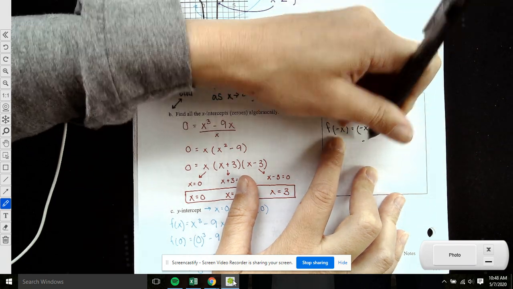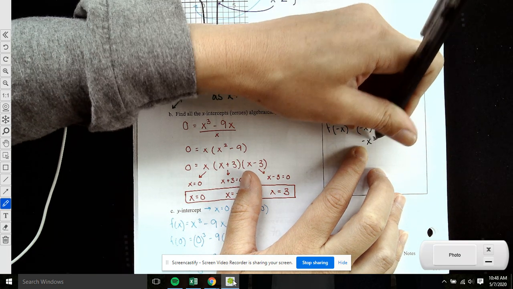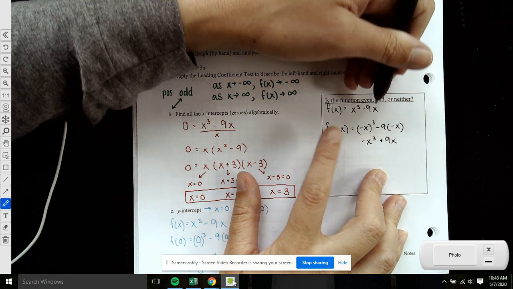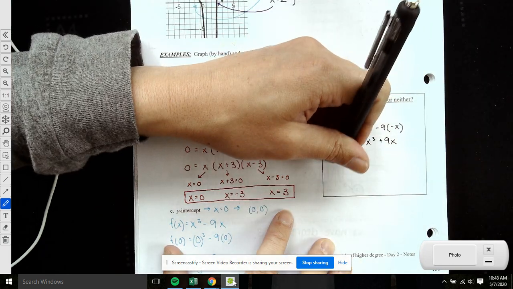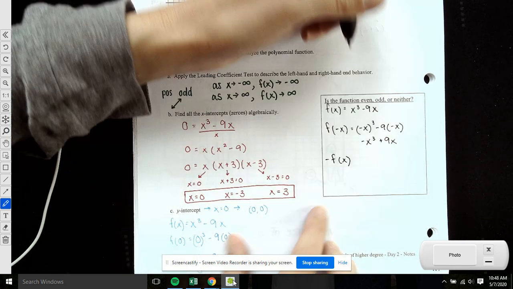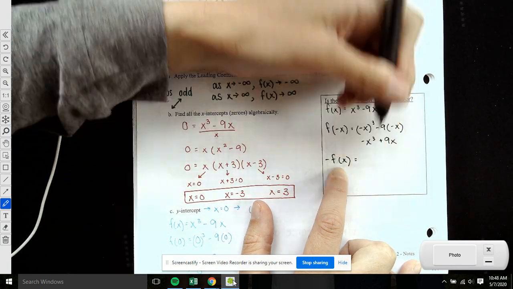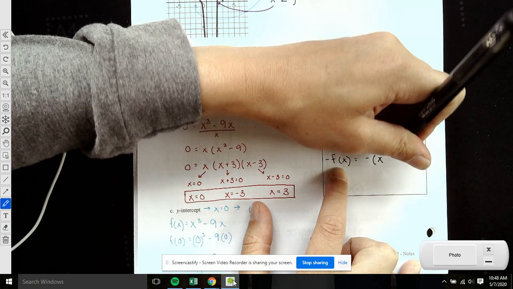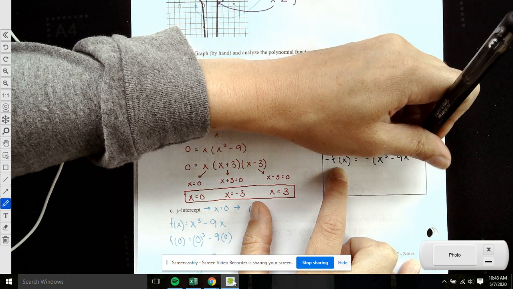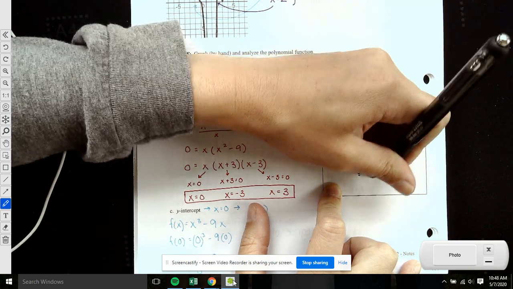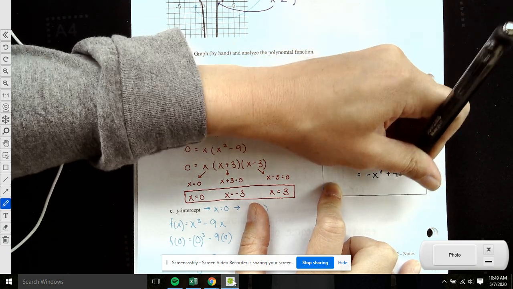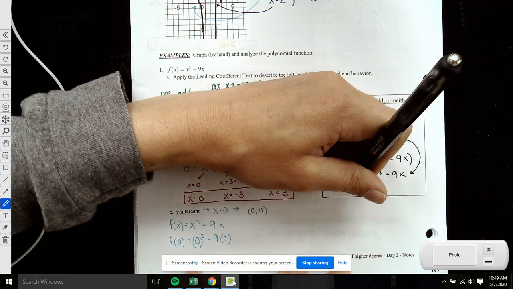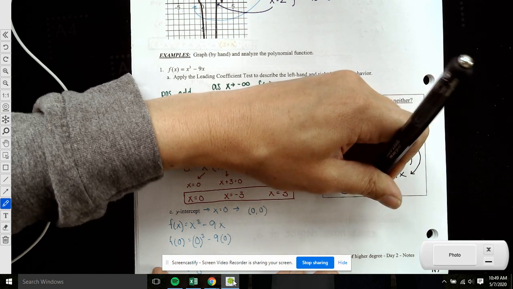So that's negative x cubed plus 9x. That is not equivalent to f of x, so it's not even. Now I do negative f of x. I'm multiplying the entire function by negative 1, which gets me to negative x cubed plus 9x, which is equivalent to f of negative x, which makes the function odd.